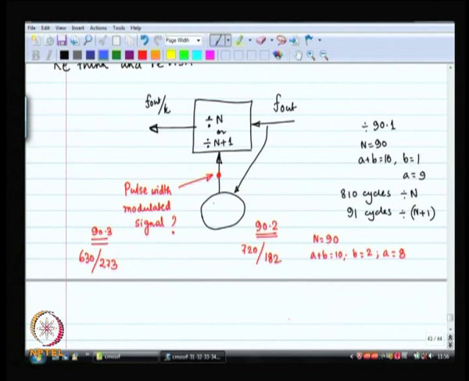So, here the duty cycle was, if I wanted to divide exactly by 90, duty cycle is 0. Here the duty cycle is 10%, here the duty cycle is 20%, here the duty cycle is 30%, 90.3 duty cycle is 30%, 90.4 you expect a duty cycle of 40%, 90.5 50% and so on. 90.9 you will have a duty cycle of 90%, 91 you can do a duty cycle of 100% or you can change n and make the duty cycle 0%.